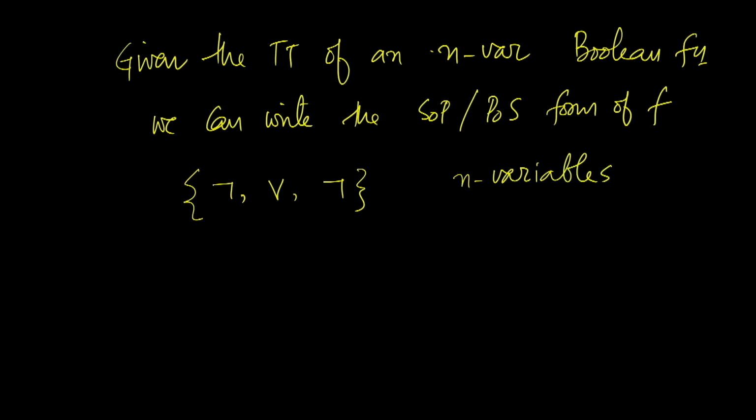So the sum of products form or the product of sums form will use these n variables along with these connectives. Here and or are two variable Boolean connectives, whereas negation is a one variable Boolean connective.